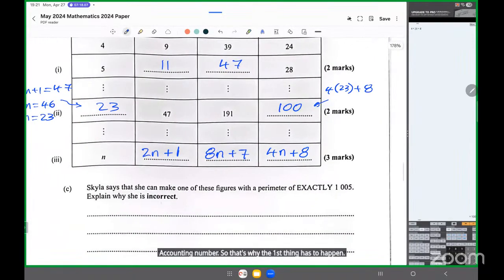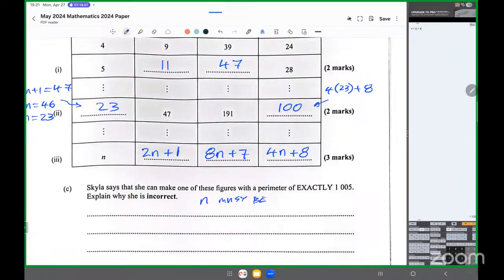So the first thing you have to say is that n, for it to be correct, must be a natural counting number.